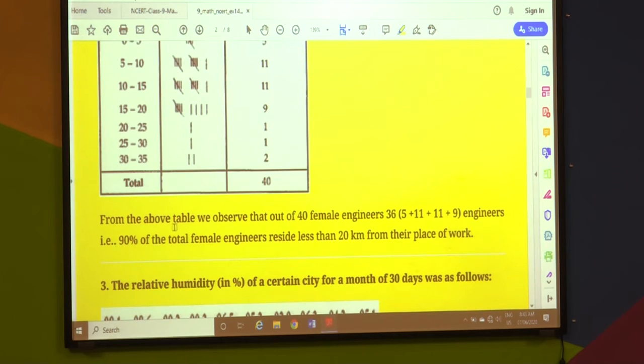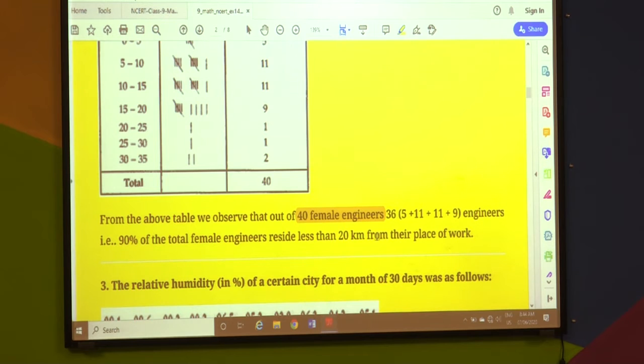From the table above, we observe that out of 40 female engineers, 36 engineers, that is 90% of the total female engineers, reside less than 20 kilometers from their workplace.